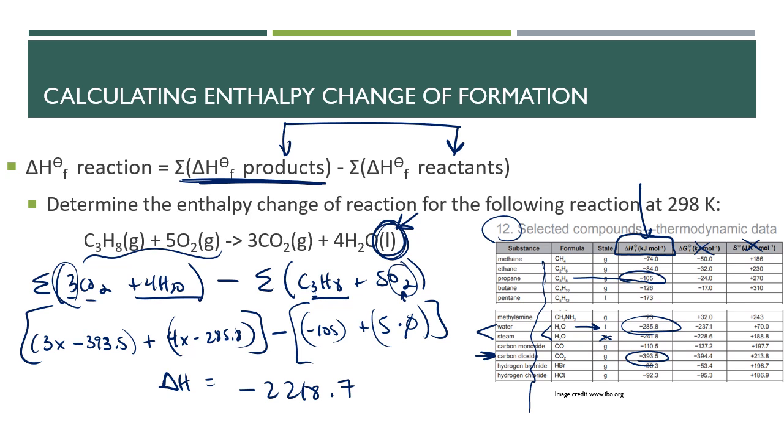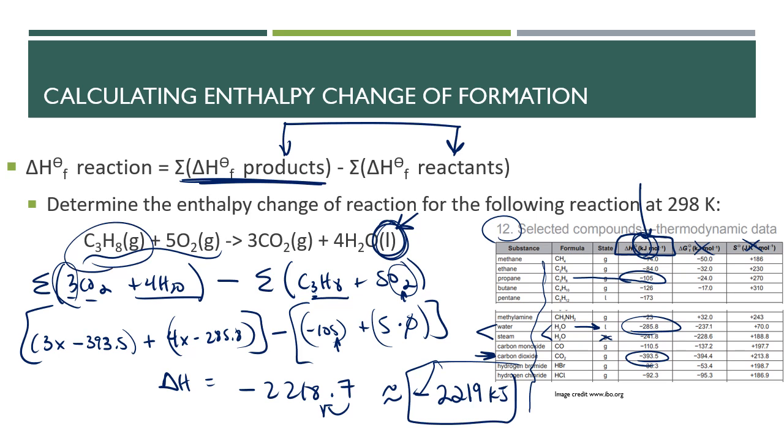With my sig figs, because this one is in a ones place, we're going to keep a ones place. That 7 is going to turn that 8 into a 9. And my final answer will be negative 2219 kilojoules. Whoa. Per mole of propane is going to be our delta H of reaction.